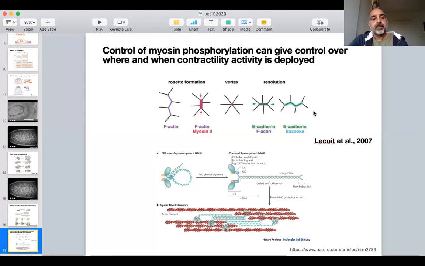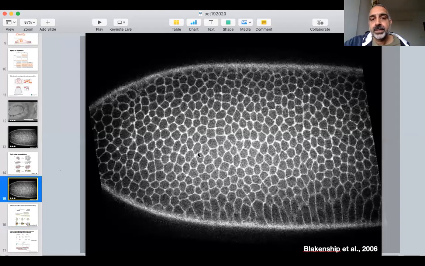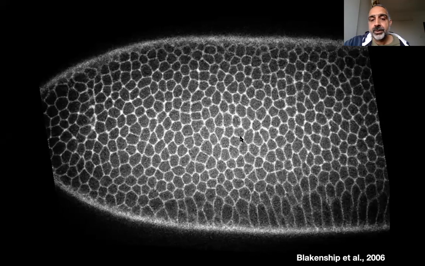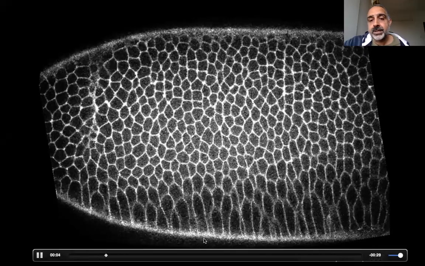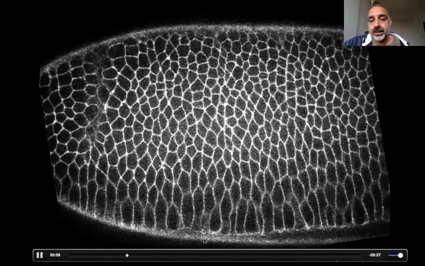This happens because of myosin activity, and we'll talk a little bit more about myosin activity in a subsequent slide. But I'll go back to this movie and let you look for rosettes. There are lots of rosettes that you're able to see here.